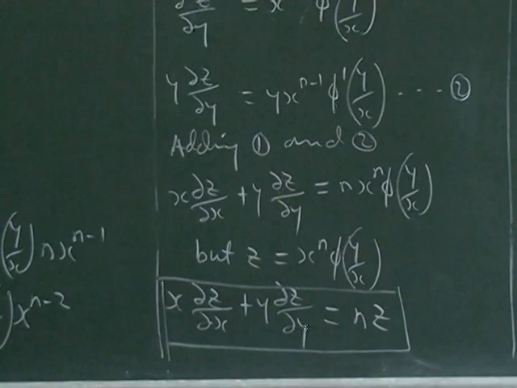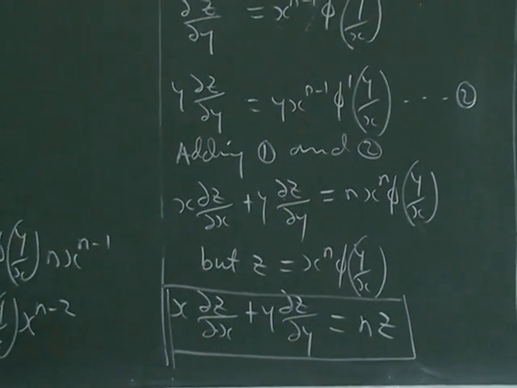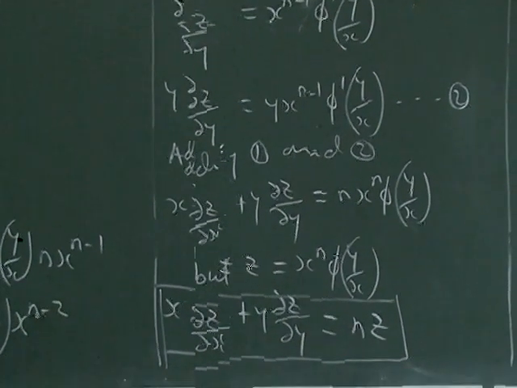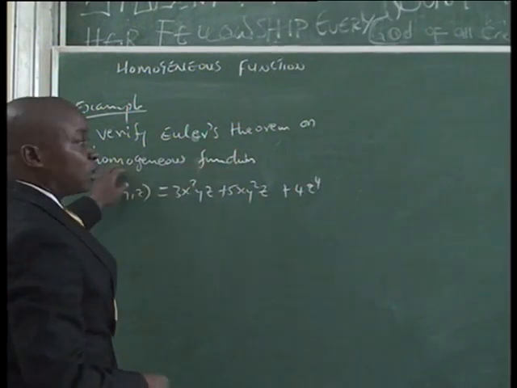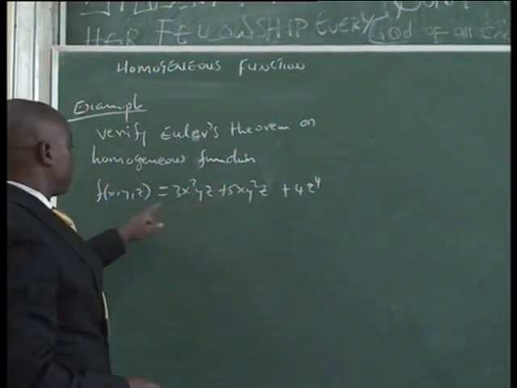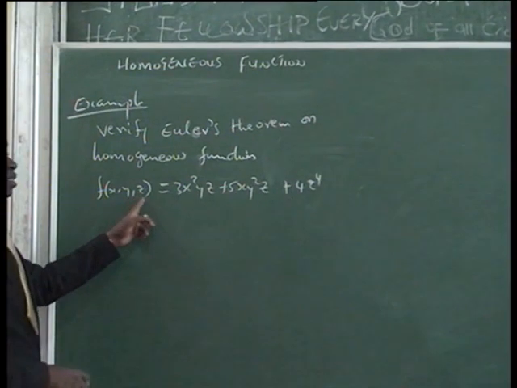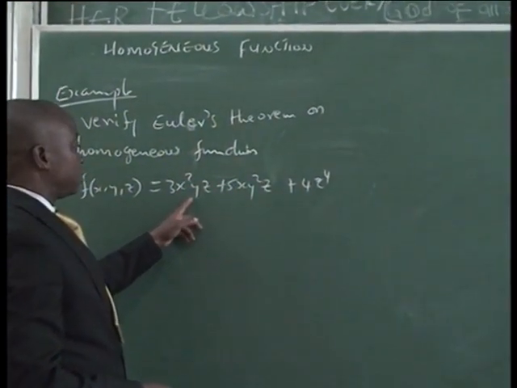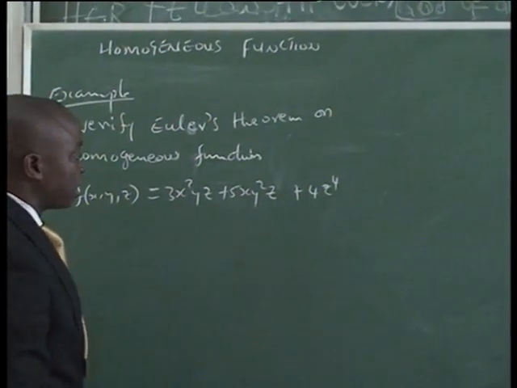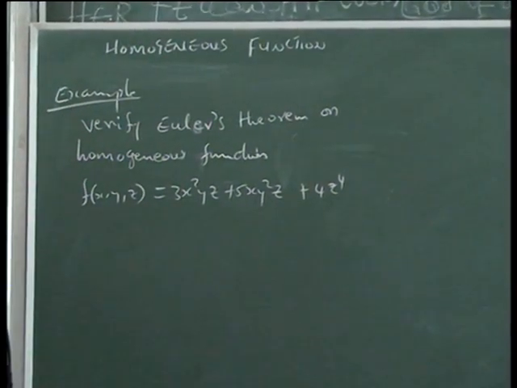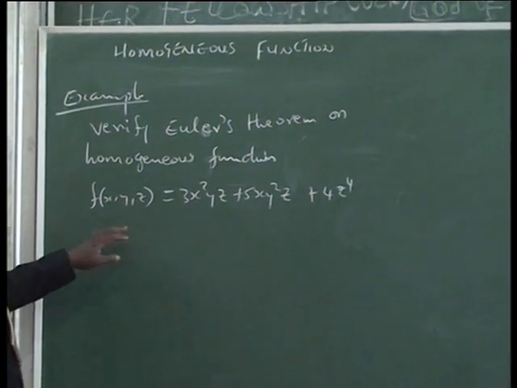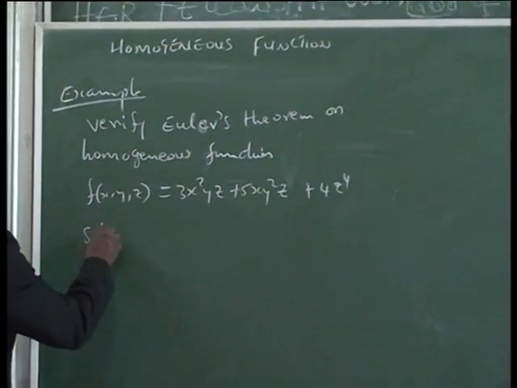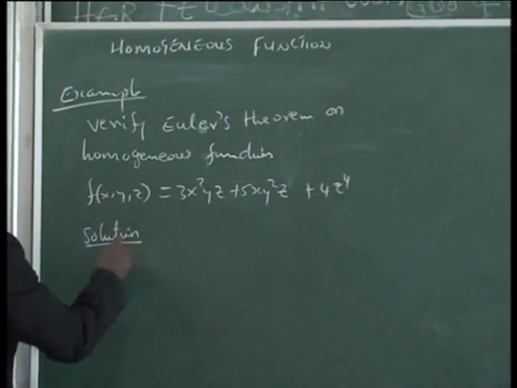Now let's look at another application of Euler's theorem on a homogeneous function f of x, y, z equal to 3x squared yz plus 5xy squared z plus 4z raised to power 4. So we will take the solution in this way.